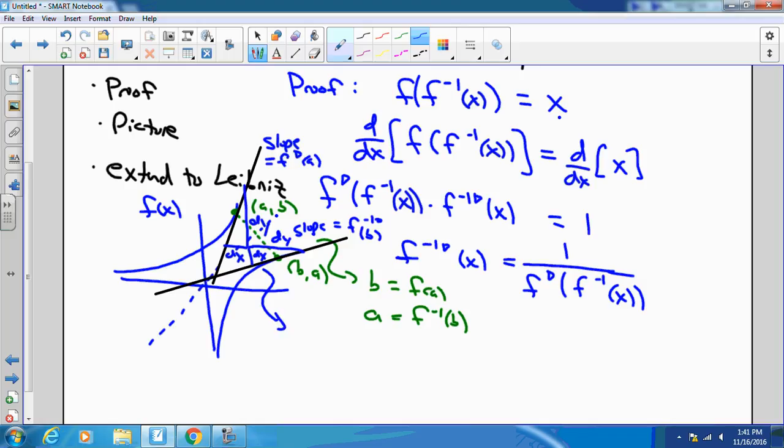So that the slope of this line is equal to dx over dy, which is the reciprocal of dy dx. And that is what the inverse function theorem is saying. That dx dy, the slope of the inverse, is the reciprocal of the slope of f, but evaluated at the matching point. Does that picture make sense?